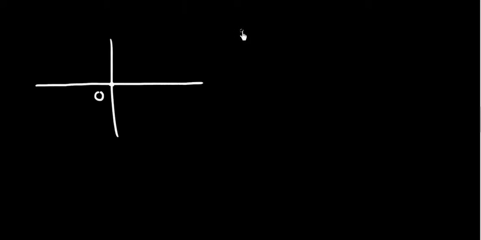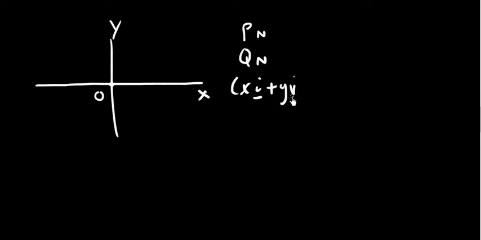So we've got one force which is P newtons, the other one which is a force of Q newtons, and then another one which is Xi, where i is the unit vector in the X direction. This is the X direction and that's the Y direction, and plus Yj newtons.